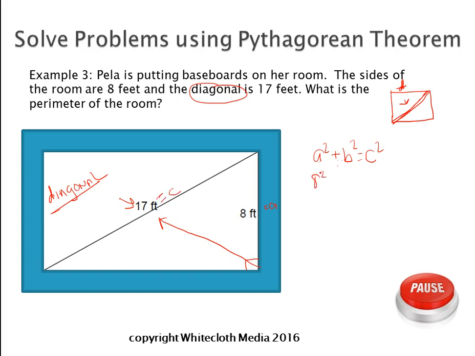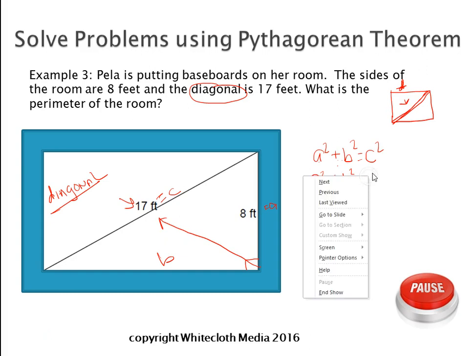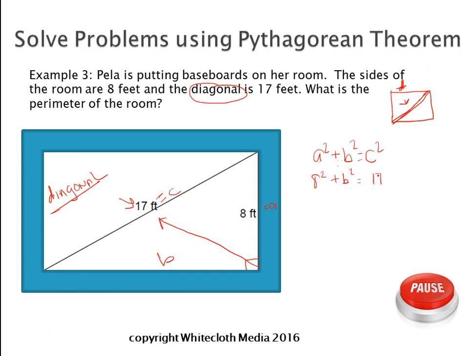So 8 squared plus, call that B, B squared equals 17 squared. 64 plus B squared equals, what's 17 squared? 289, right?